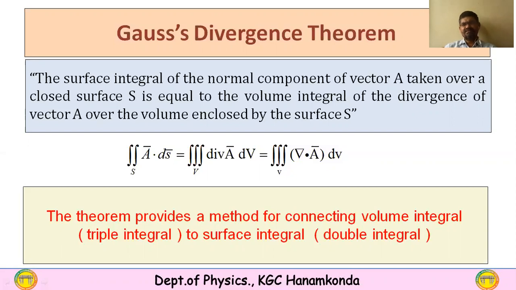The surface integration of any vector field gives us flux. Surface integration always gives us the normal component, the surface integral of the normal component of a vector. That is nothing but flux. The amount of flux coming out of a surface area in the normal direction is given by surface integration.